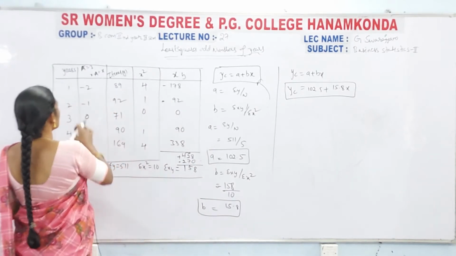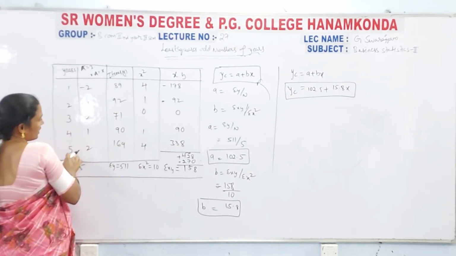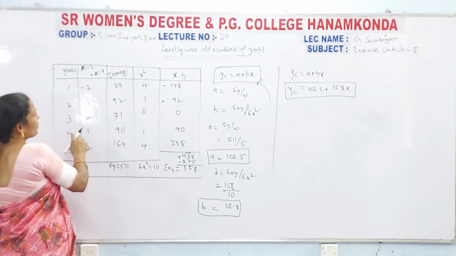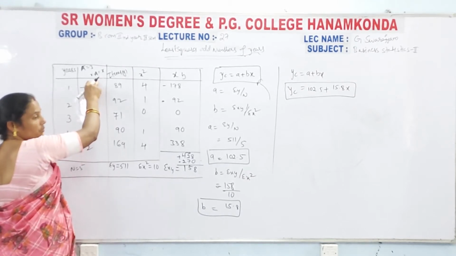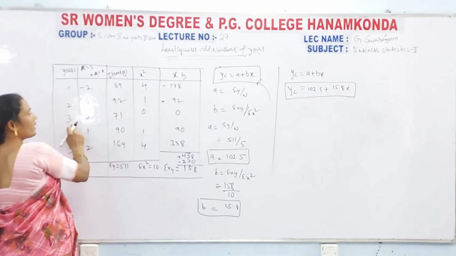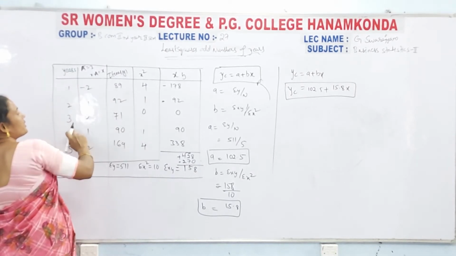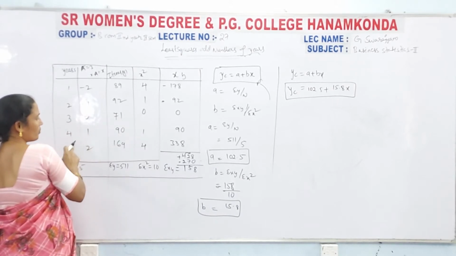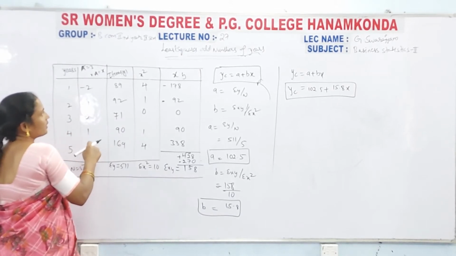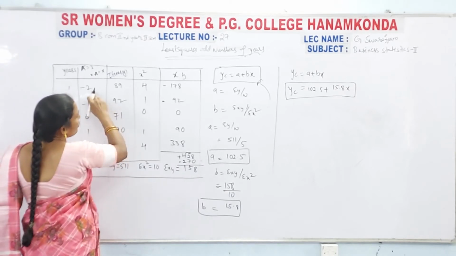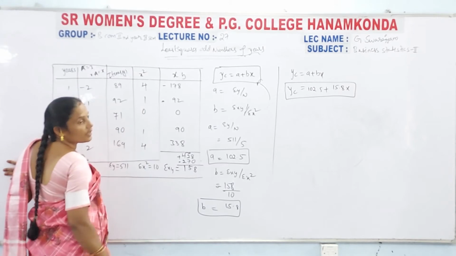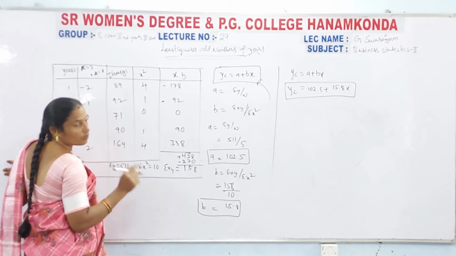So here the total 5 years are given. So sigma x: assume that A is equal to the middle value 3. So x minus A: minus 2, minus 1, 0, plus 1, plus 2. Then x square: 2 square is 4, 1 square is 1, 0 square is 0, 1 square is 1, 2 square is 4.